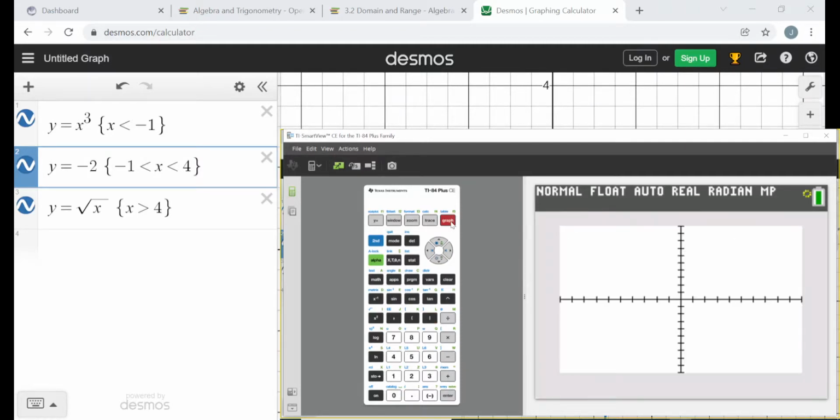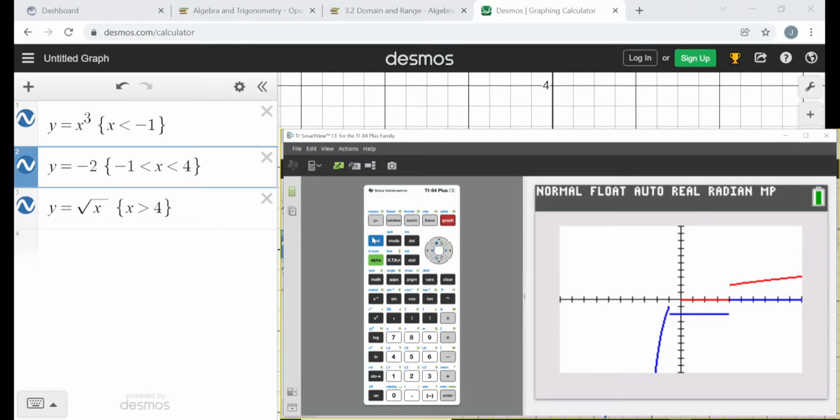And then graph that. You'll see there's the first two pieces, and it's got the annoying 0 parts to it, but you've got the x cubed up to -1, you've got y equals -2 between -1 and 4, and then you've got the square root of x up here after x equals 4. Yeah, that is annoying.